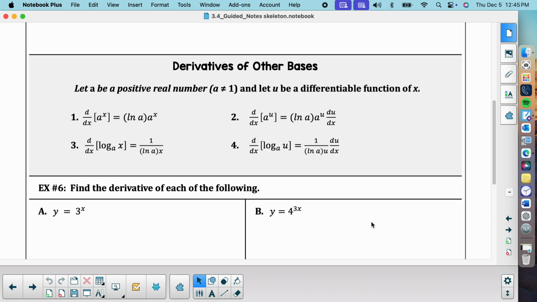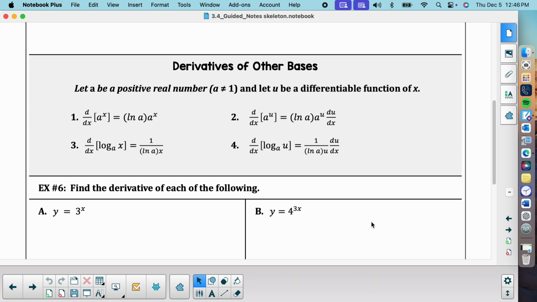So if we had e to the u, the derivative of e to the u was rewriting e to the u times the derivative of u. Well, now if you have a base number that is not e, so a represents a number that isn't e, whatever number is down here, the only difference in the derivative is that you also have to multiply it by ln of that base number.